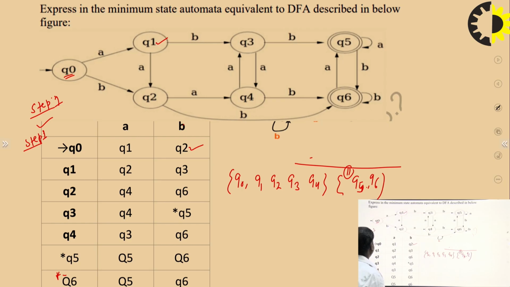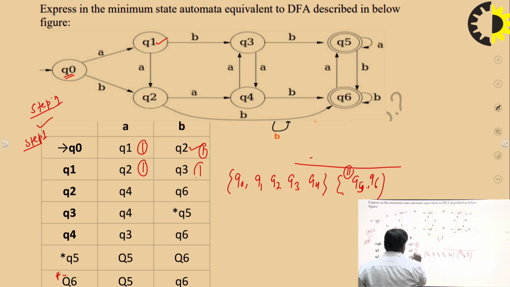We check the transition function of Q0 and the transition function of Q1. On A, Q1 lies in set 1, Q2 again in set 1, Q3 again in set 1, and again set 1.